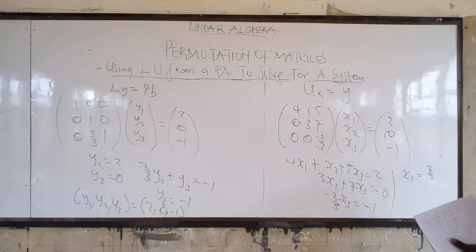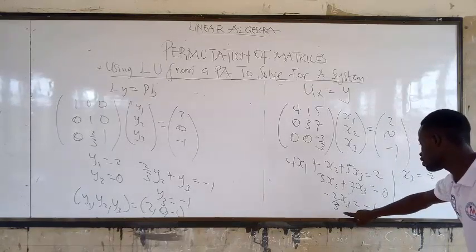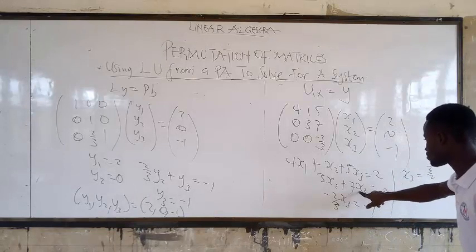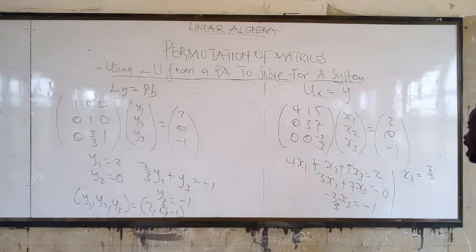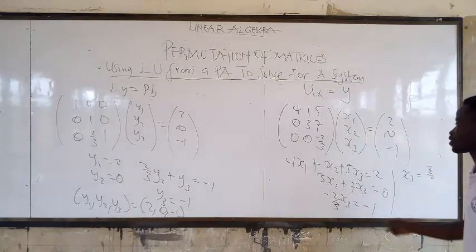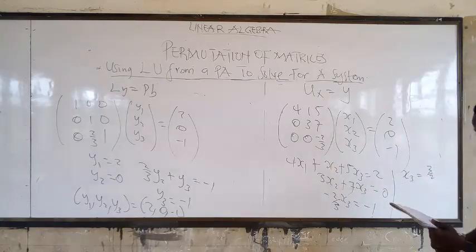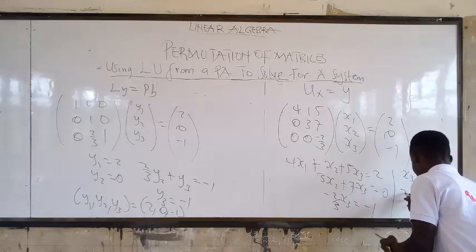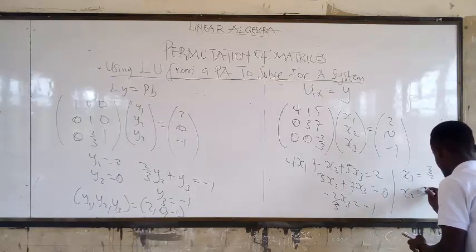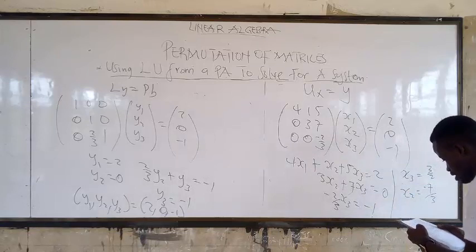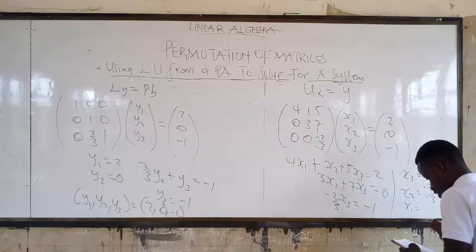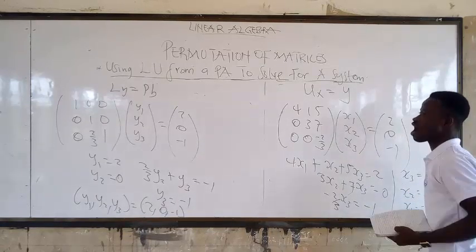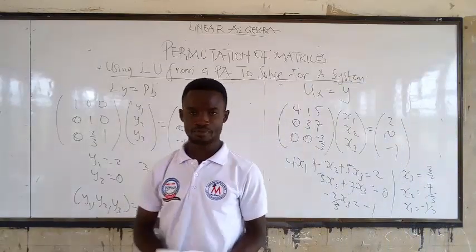Yes. S3 is going to be 3 over 2. And from here, you should be able to do it. Now you know it's 3 over 2. Do the substitution here, you get the S2. After getting the S2, you know S3, you can get S1. Okay, so do that. I'll write the answer for you. S2 is going to be negative 7 over 3, and the S1 is going to be negative 4.